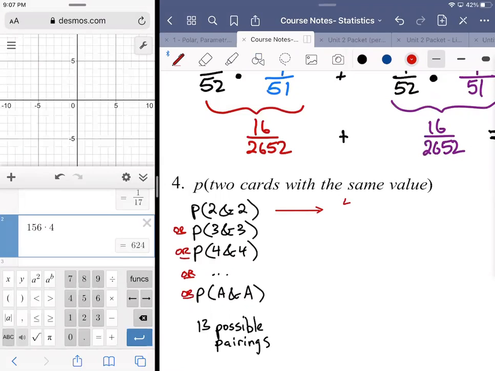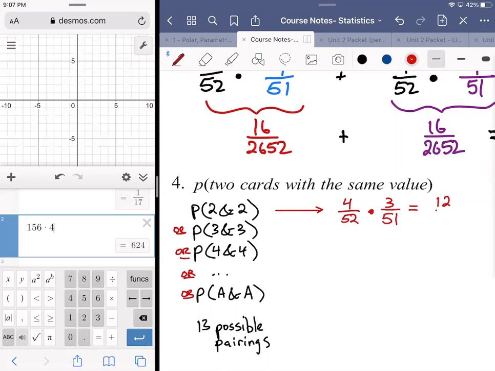I got 4 of those out of 52. If I'm going to have a second 2 and I haven't replaced the first 2 before I made my second selection, then I'm looking at only 3 remaining 2s out of 51 cards remaining in total.